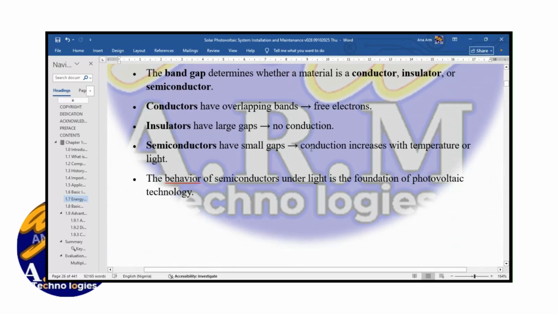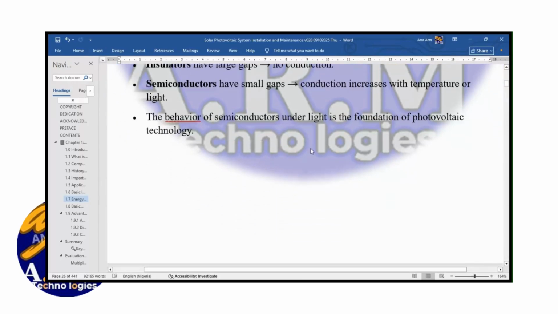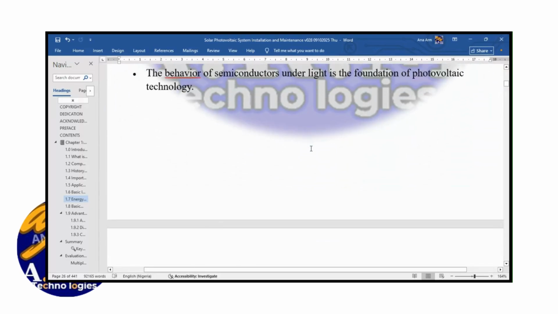Semiconductors have small gaps. Conduction increases with either temperature or light. The behavior of semiconductors under light is the foundation of photovoltaic technology. I repeat, the behavior of semiconductors under light is the foundation of photovoltaic technology.